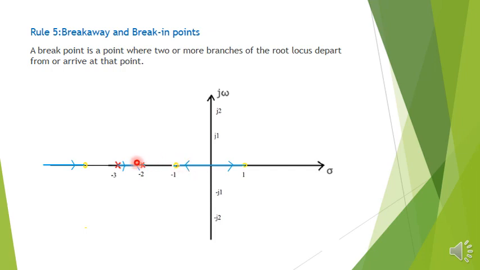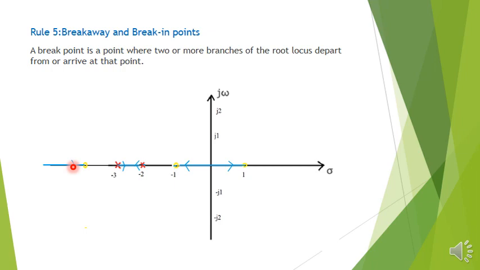So one possibility, two consecutive poles with a part of the root locus between them. Second possibility, two consecutive zeros with a part of the root locus between them. Third one, an open loop zero and to the left of it, the entire portion is a part of the root locus, then there exists a breakaway point.